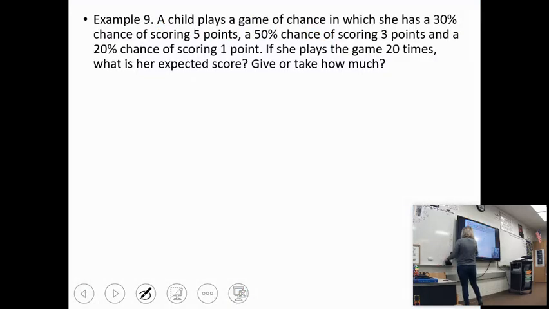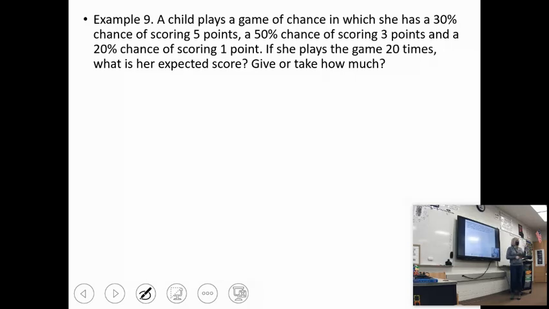What would the box model look like? Because we have to represent the percentage and the points, right? So any ideas? Well, first of all, what are percents always out of? 100.